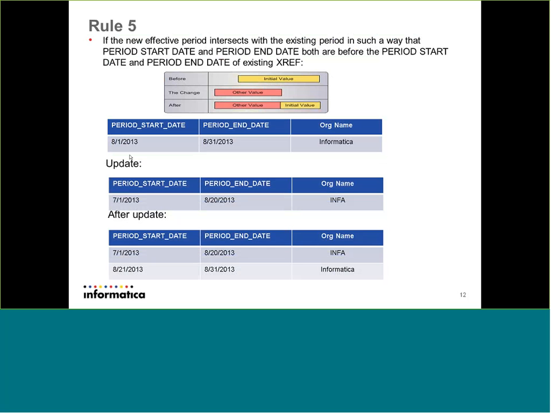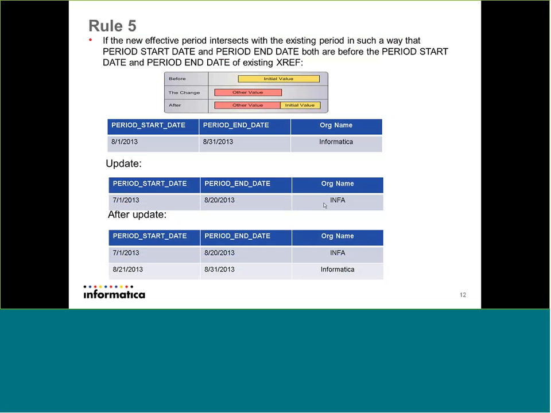And on rule 5, say I have an initial value from 1st August to 31st of August with the value Informatica. But when I send an update with a prior date, I mean the existing record is from 1st August, but I have sent an update that it should be available from 1st of July. So from 1st of July till 20th August, there is an overlap with this existing data.